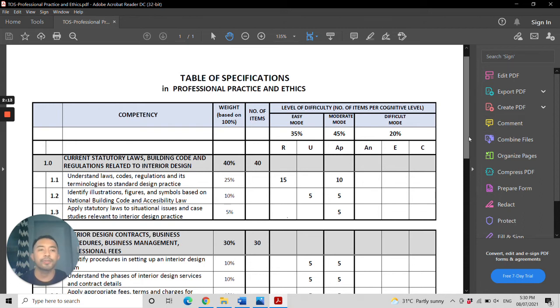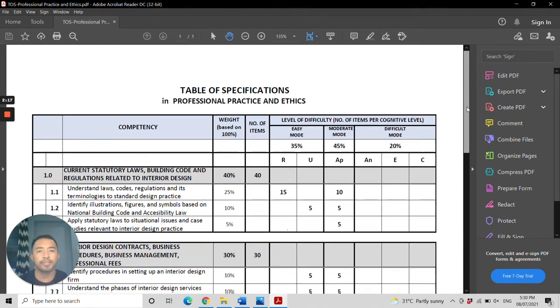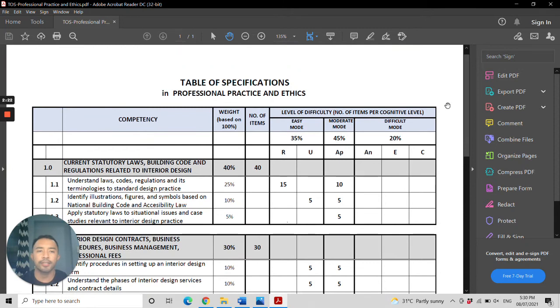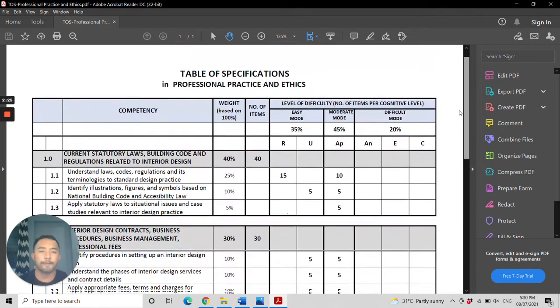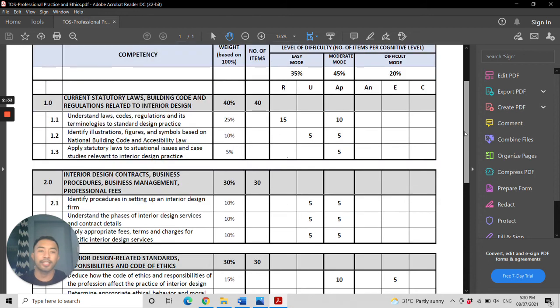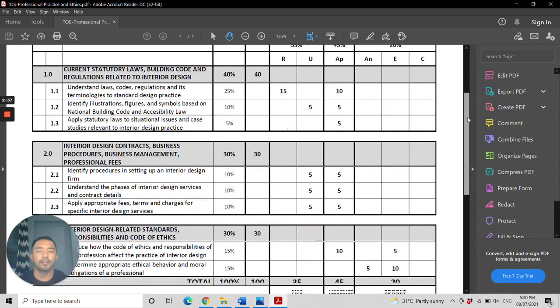As with most lecture-based exams for professional practice and ethics, there will be no creating, because in the exam you will not be creating or designing something, so it will be more of the application of the previous lessons.